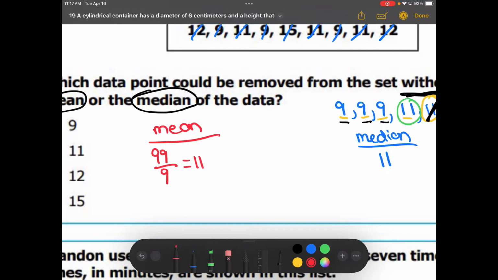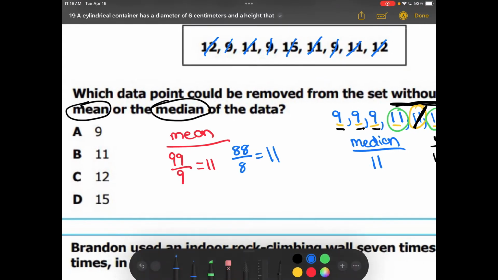If we remove a number 11, that means you're going to subtract 11 from 99. So if I subtract 11 from 99, what does that give me? And then if I take out an 11, do I have 9 numbers? What do I have now? So it's still what? So looks like our answer is what?